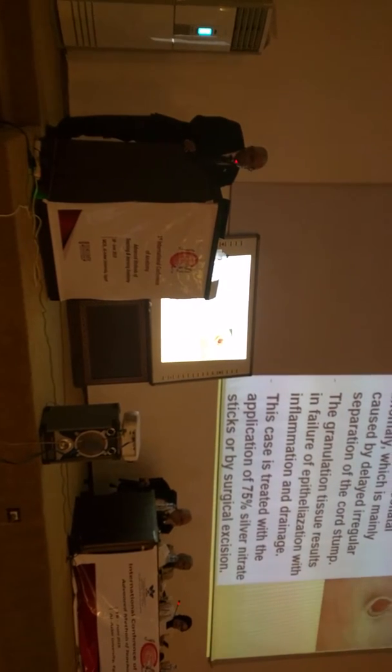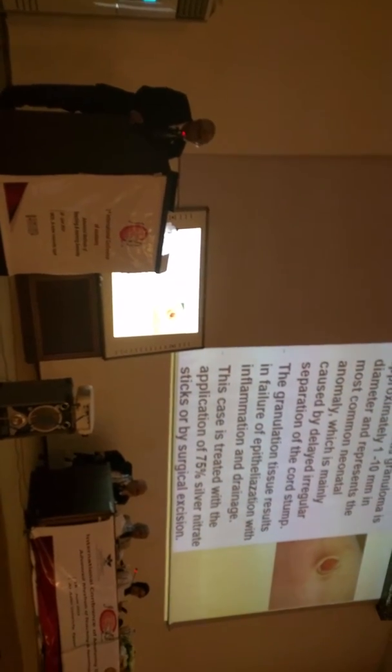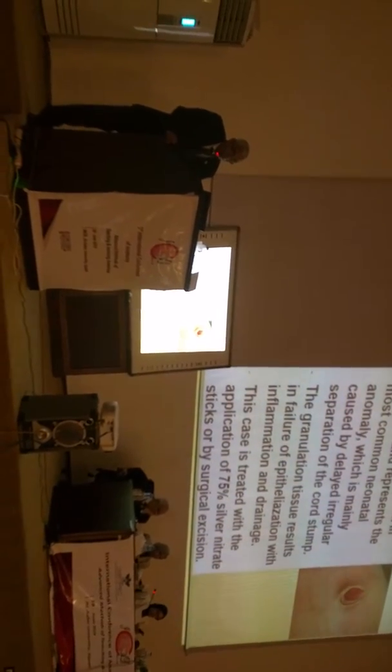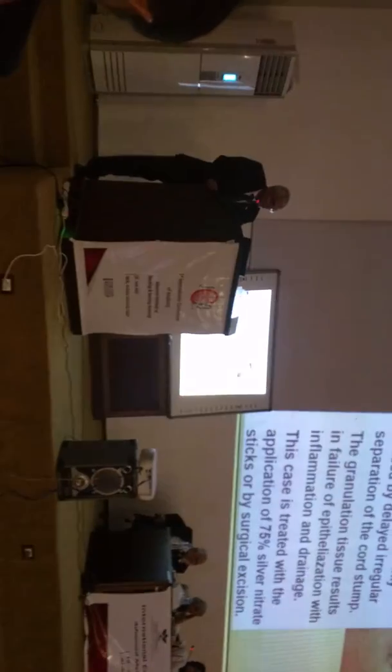Ninth, umbilical granuloma. Umbilical granuloma is the most common anomaly occurring at the umbilicus. It is approximately 1 to 10 millimeters in diameter and represents the most common neonatal anomaly, which is mainly caused by delayed, irregular separation of the cord stump.